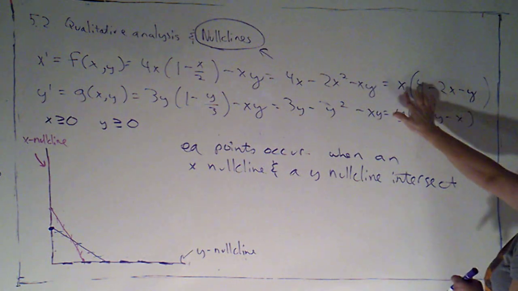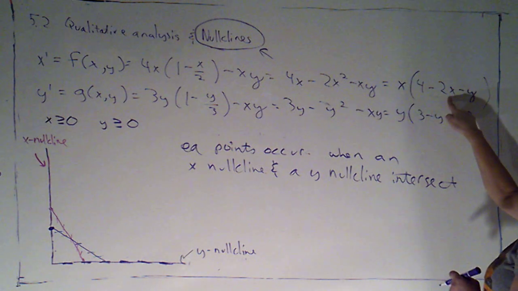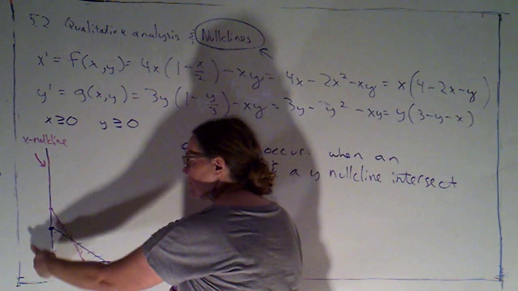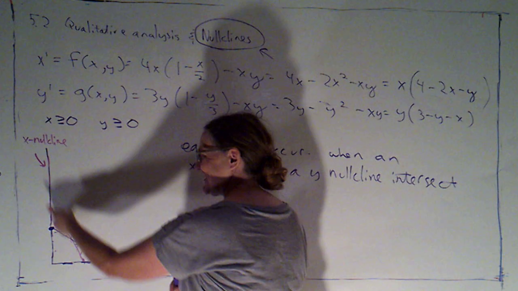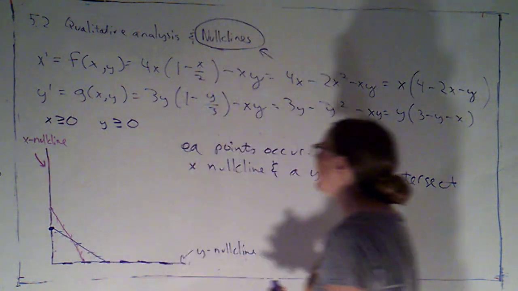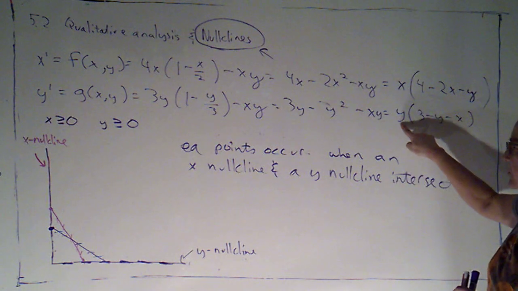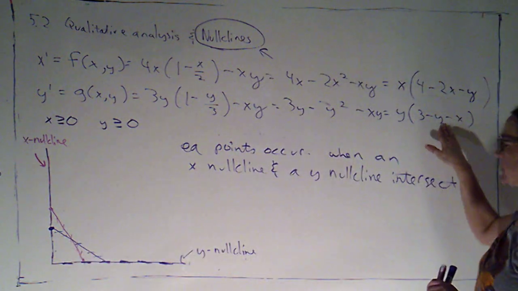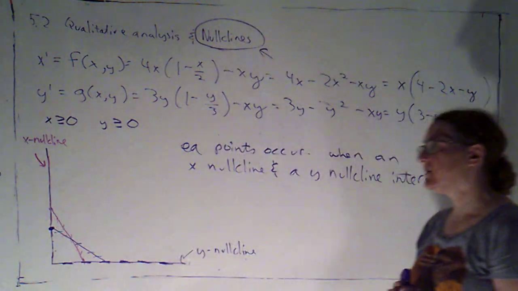We said, well, in order for x prime to be 0, either x has to be 0 or this factor has to be 0. Well, what that means geometrically is we're either on this x-nullcline or we're on this x-nullcline. Same thing for the y primes. If y prime is 0, either y is 0, we're on this y-nullcline, or 3 minus y minus x is 0, we're on this y-nullcline.